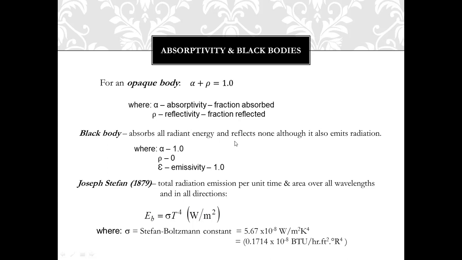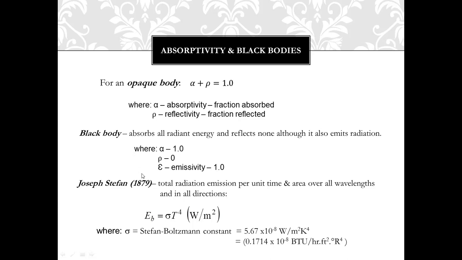Reflectivity would be 0 because it reflects none. And in this case, emissivity is also 1.0. This is for a perfect black body, perfect in the sense that it's able to absorb all energy available to it, depending on the environment in which it is placed.